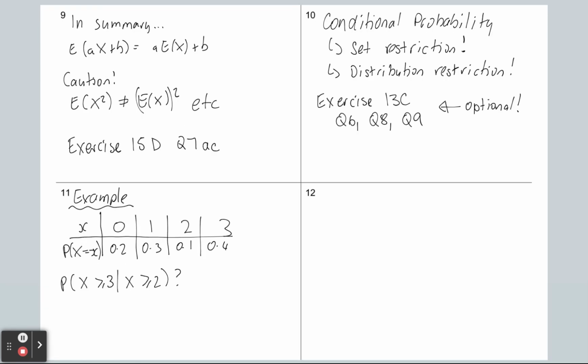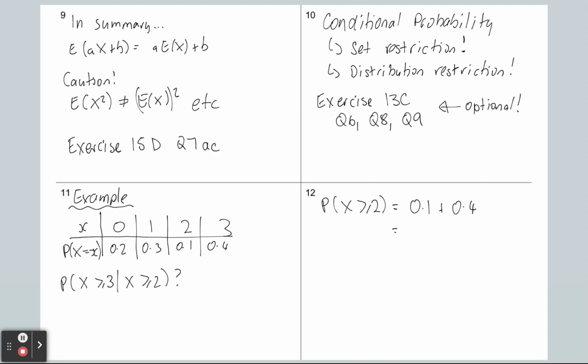Okay. So I'll zoom out, but ignore the top left because that's for a different video. So what we do is we work out the probability of x greater than or equal to 2. And we can see that the probability of x greater than or equal to 2 is going to be 0.1, that's the probability of x equal to 2, plus 0.4, that's the probability of x equal to 3.